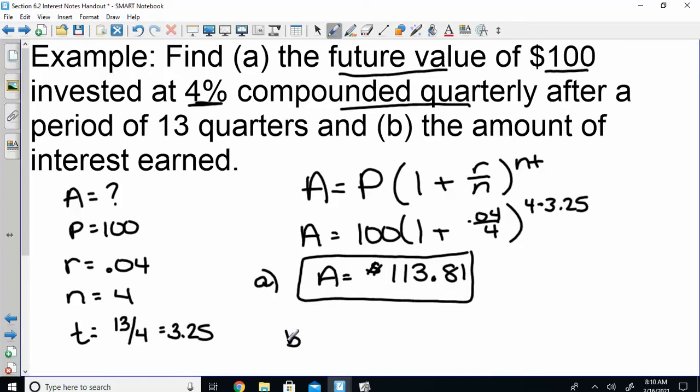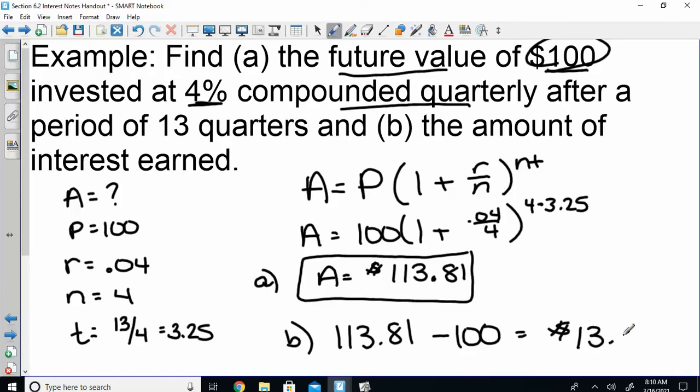Part B, I want the amount of interest that I've earned. How would I find that? I started with 100, so all I have to do is take my ending amount minus my beginning amount, and I get that I earned $13.81 interest.